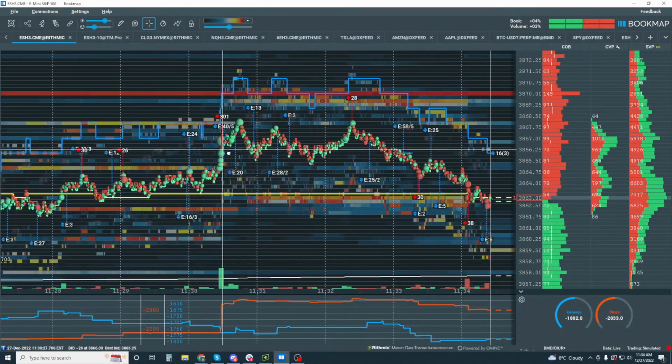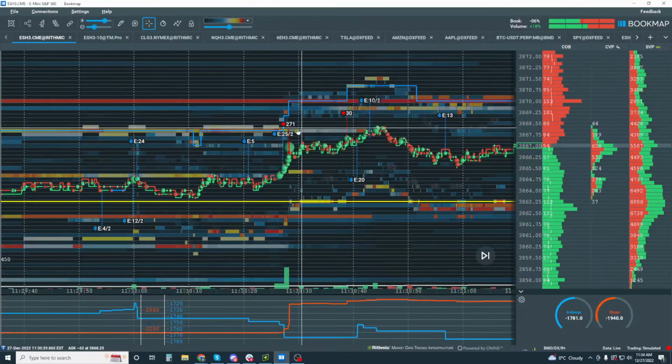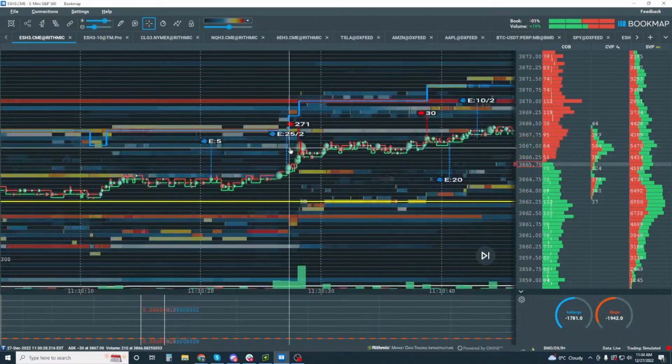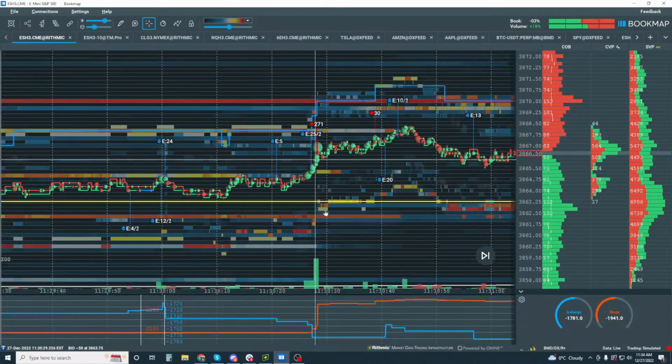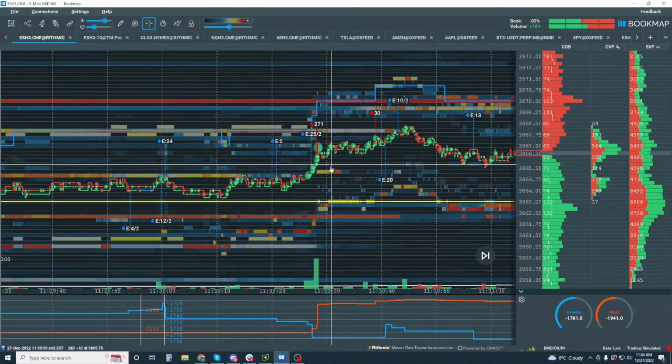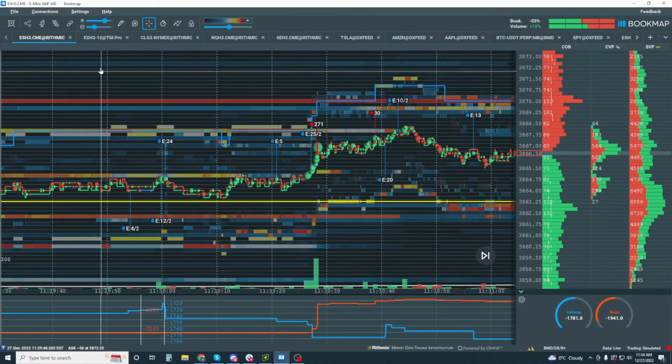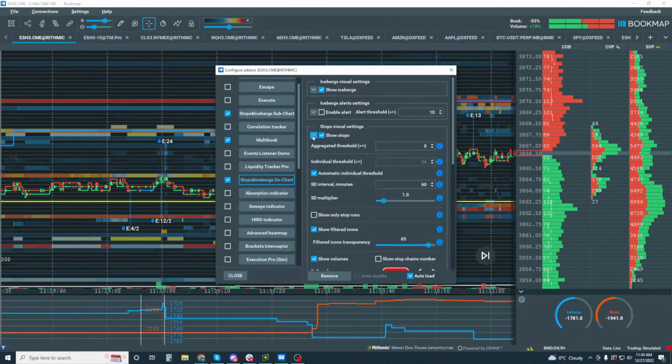Okay, so how big of a stop run was that? Yeah, around 300 or so. So it was pretty good size, but let's see, it might be more than that since I filtered out quite a few. Let's take that off, and let's bring this down to 0.